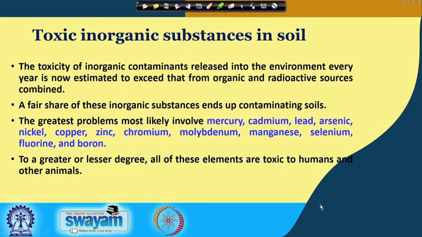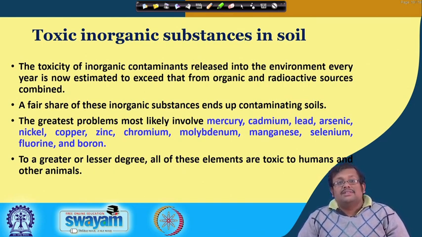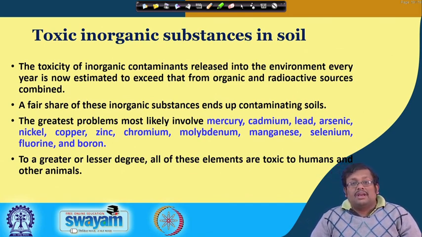So, what are the toxic inorganic substances in the soil? Toxicity of inorganic contaminants released into the environment every year is now estimated to exceed that from organic and radioactive sources combined. So, inorganic contaminants share a huge portion of the total contaminants released each and every year in the environment.